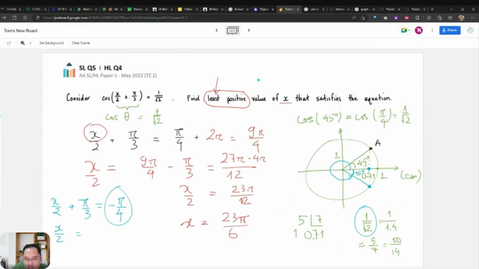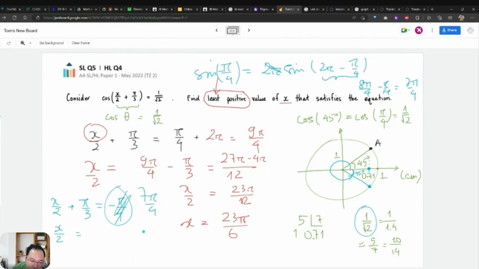It is the same, so the sine of minus pi over 4 will be the same as the sine of 2 pi minus pi over 4. And 2 pi is 8 pi over 4, so 8 pi over 4 minus pi over 4 is 7 pi over 4. Okay? So 7 pi over 4 here.